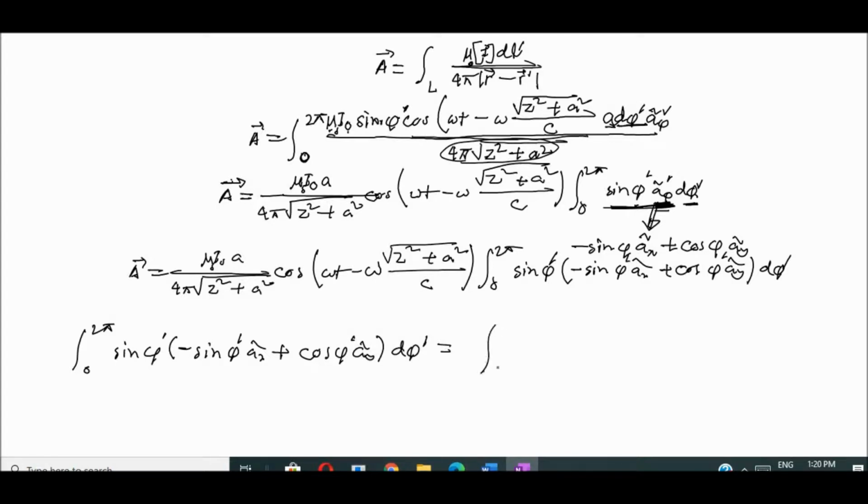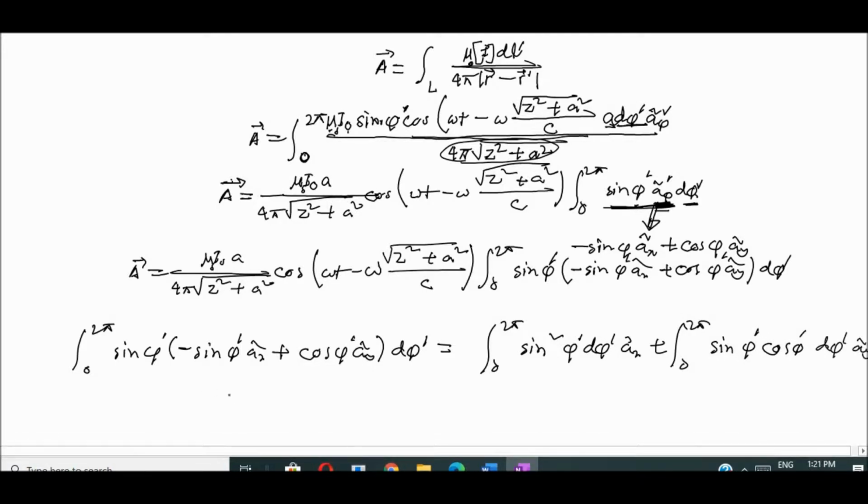So that is basically the integral from 0 to 2 pi of sine square phi prime d phi prime ax, plus the integral from 0 to 2 pi of sine phi prime cosine phi prime d phi prime ay. Now this will be negative 1 over 2, integral 0 to 2 pi.